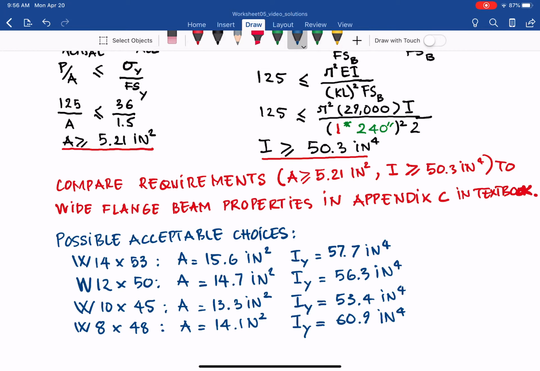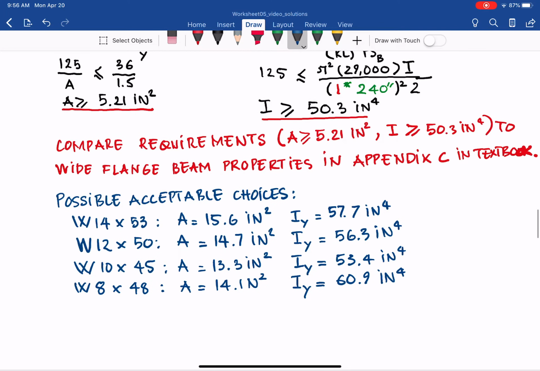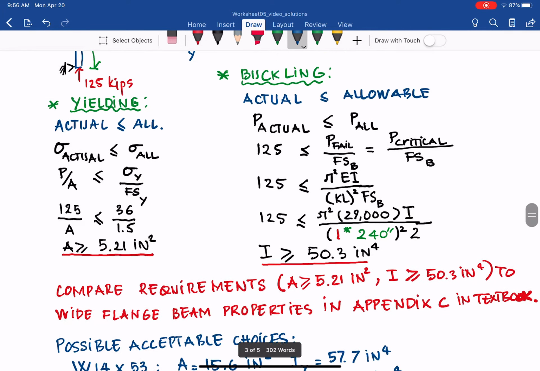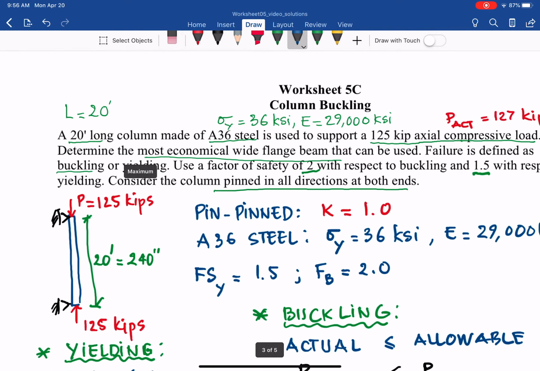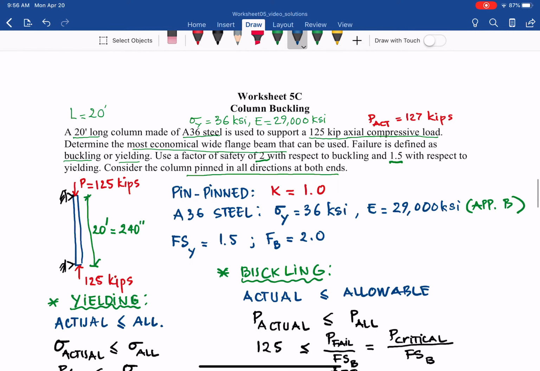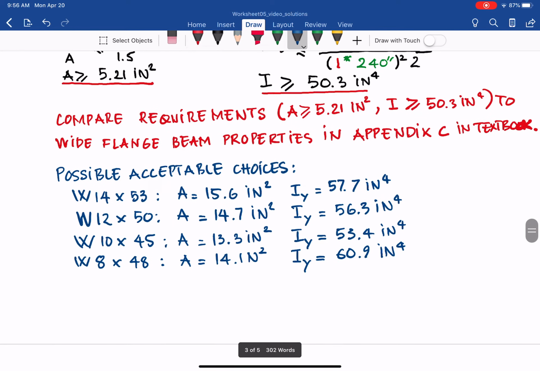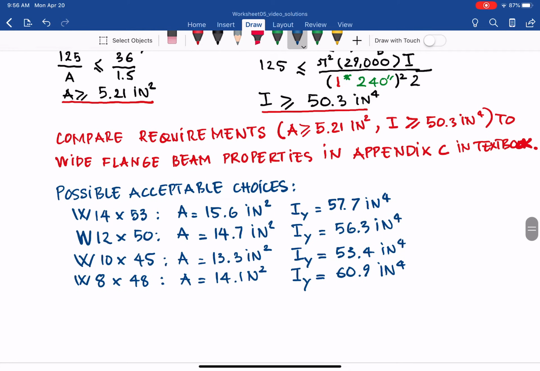And since those are the possible candidates, which one are we going to choose as the best? The question asks for the most economical wide flange. So it means that we want to pay less. To pay less, it has to be less weight.